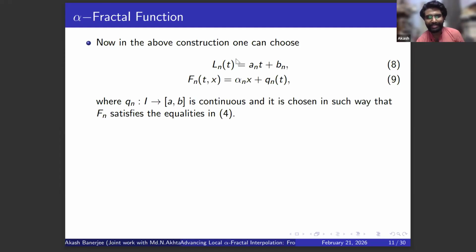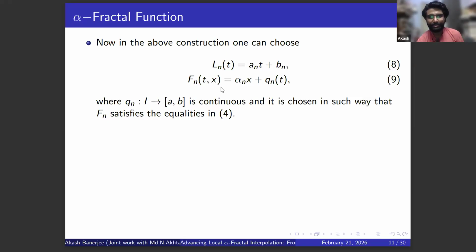As we have seen, we have taken Ln's and Fn's as contraction mappings on certain sets. Here what Navascués ma'am has done is she has taken Ln and Fn in a very particular form. Ln is this linear function an t plus bn, where an and bn are suitable constants which can be determined from the join-up conditions that Ln and Fn satisfy.